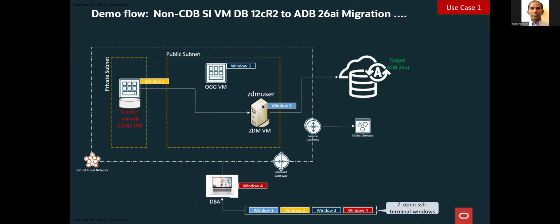You log into this ZDM. That is window 1. Window 2 is basically the SSH tunnel to this one. I will show you the actual command. Then window 3 is the Golden Gate instance. There are some configuration steps that you need to do. And then the 8th step is to update the etc hosts file. Now, you don't need to go use the VI editor and all that.